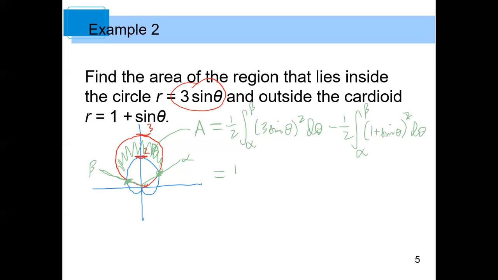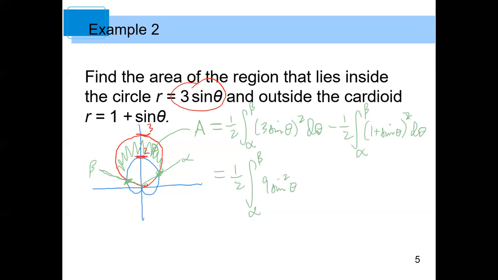Written another way, you could write it as one huge integral, 1/2 integral from alpha to beta. What would it be? If I square this out, it wouldn't be 3 anymore. It would be 9 sine squared theta. We've pulled out the 1/2.